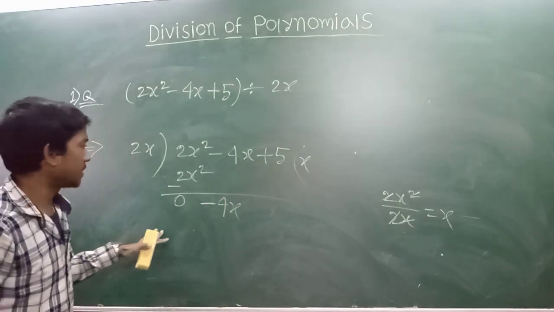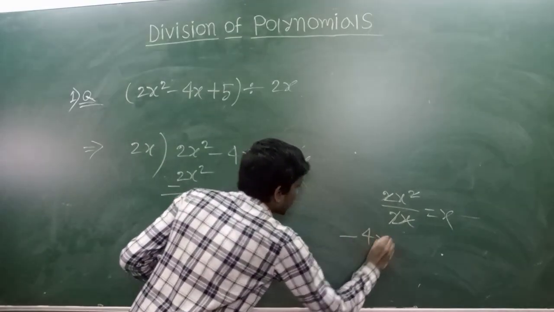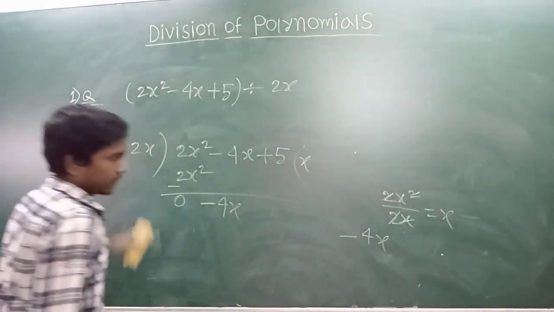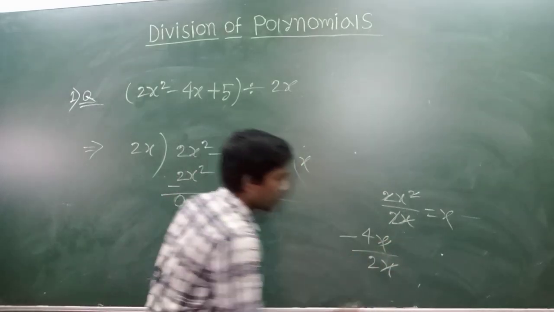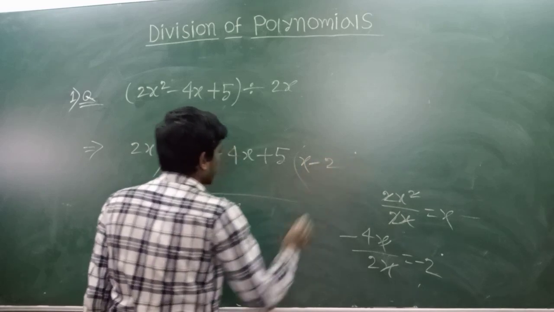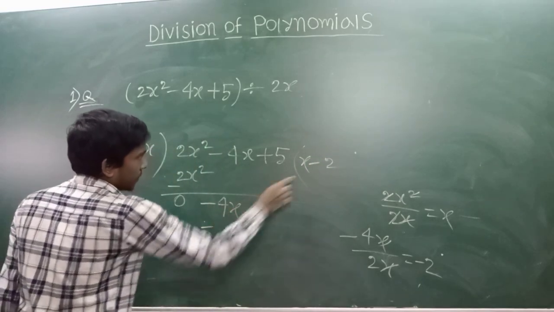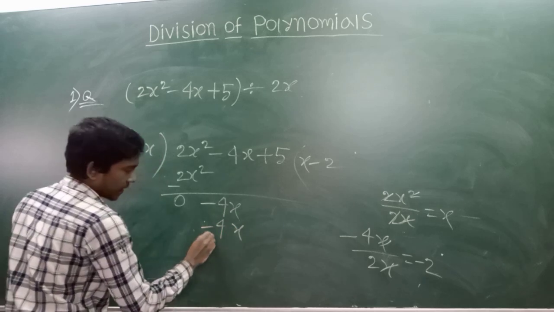Same process repeatedly. Minus 4x divided by 2x. So we get x and x are cancelled out. We get minus 2. Okay students, minus 2. So write here minus 2 into 2x means minus 4x. Then again change the sign.